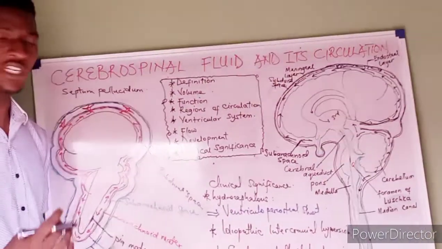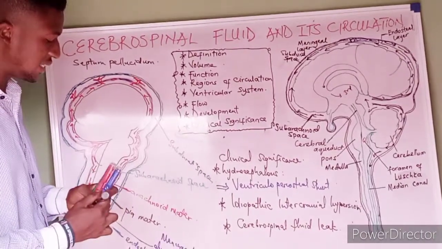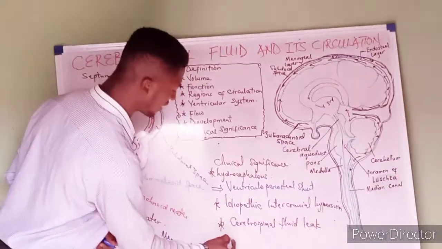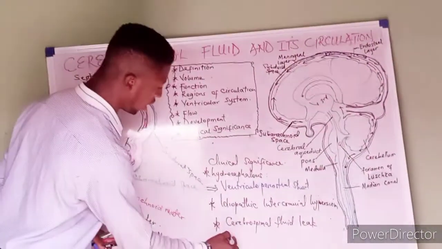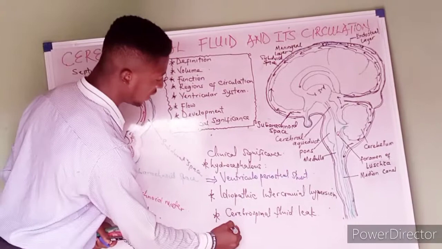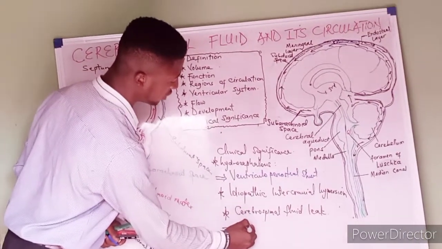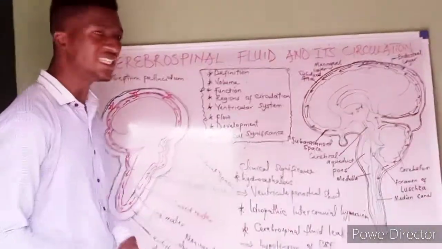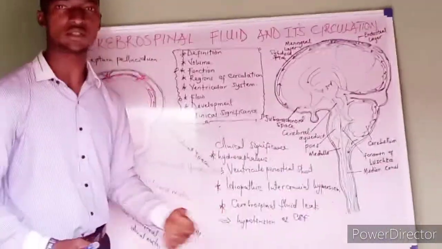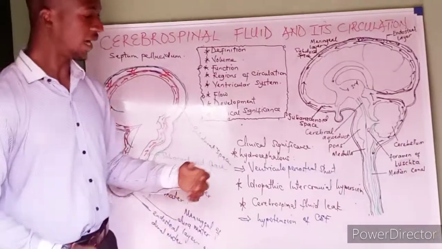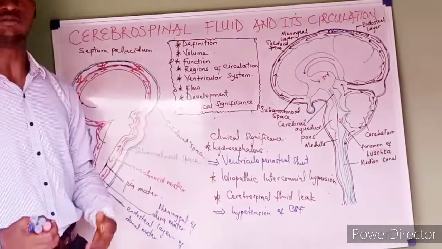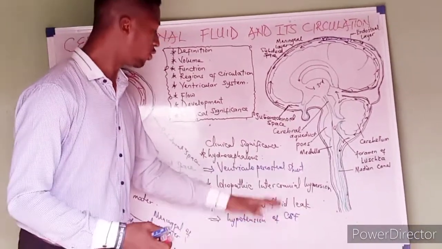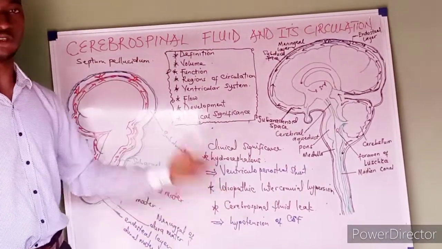In cerebrospinal fluid leak, the characteristic is that it's always characterized with hypotension of cerebrospinal fluid, and this will rapidly cause headache, and the headache grows with movement. This must be immediately attended to so that the body can regain its normal function.